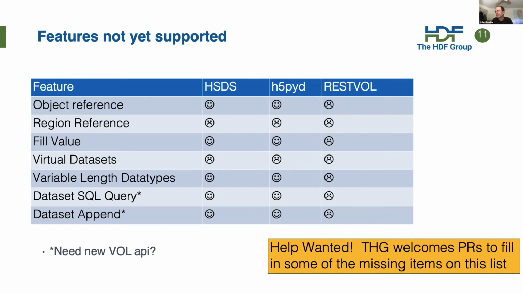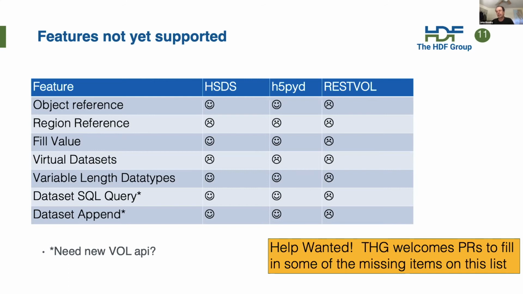And then two things I put an asterisk on because I don't think they have defined VOL entry points yet. In HSDS, we support SQL-style queries to select rows out of a data set that meet certain restrictions. That's supported in HSDS and H5PD, but not in the RESTful VOL.